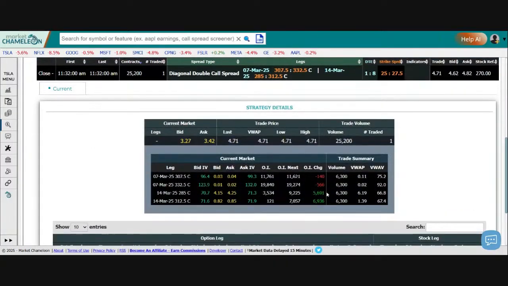And here, again, we do see that the open interest increased in that further out month, March 14th, and decreased in the March 7th. So we don't see a big decrease in the March 7th, but that could also be due to a lot of other trading activity going on in the March 7th expiration that could also involve an increase in open interest from other trades, to offset that.